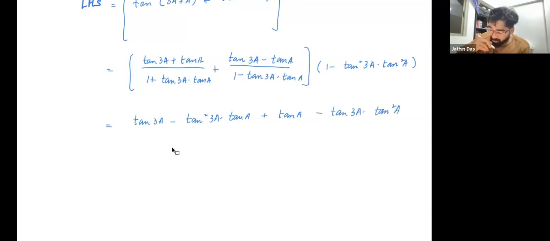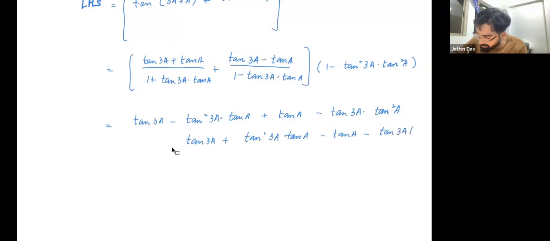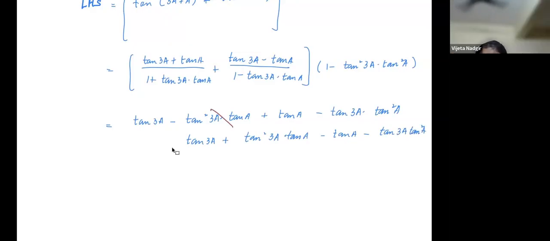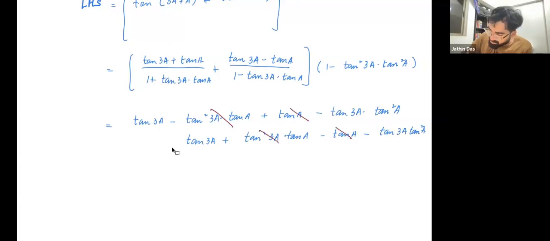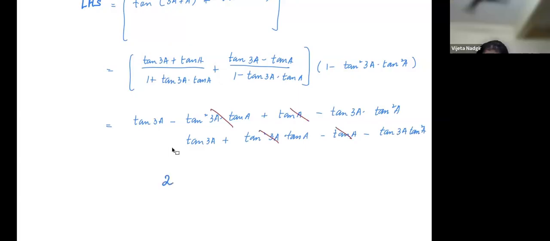Same thing will happen here also, but थोड़ा उल्टा आएगा. That's all. So tan 3a plus tan square 3a into tan a, which will cancel, minus tan a, which will cancel, minus tan 3a tan square a. So which will cancel? This and this will cancel. This and this will cancel. Correct? हाँ. हाँ. So you get 2 tan 3a.